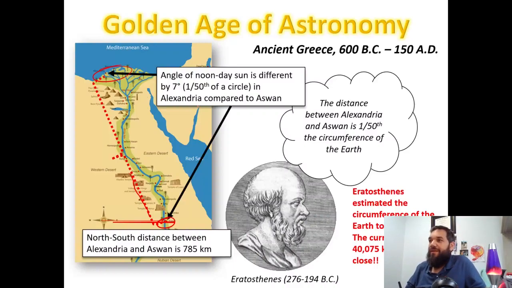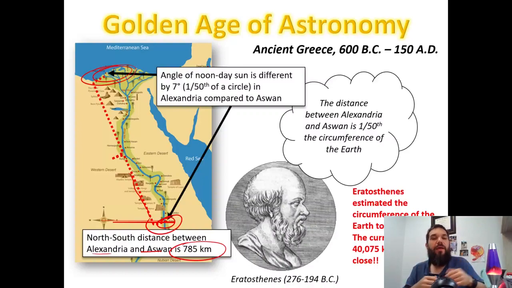So knowing the distance from Aswan to Alexandria, he concluded that 7 degrees must be 1/50th of the size of the Earth. So, I'm sorry, I said that the wrong way. That distance between Aswan and Alexandria, 785 kilometers, must be 1/50th of the circumference of the Earth.